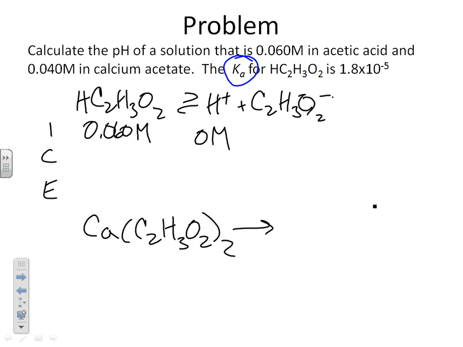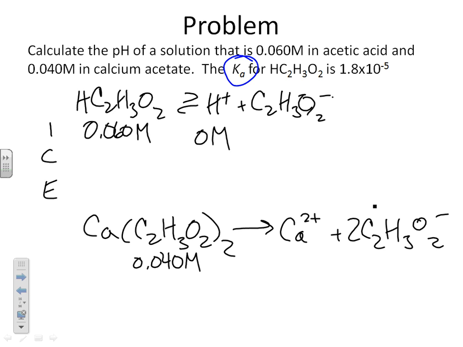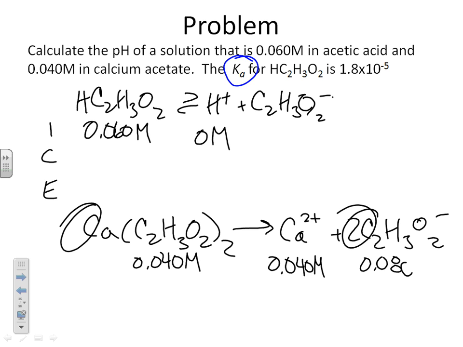It is completely soluble. Therefore, when it dissociates, if I have 0.04 molar calcium acetate, it will generate 0.04 molar calcium. Who cares about that? But because of the 1-to-2 relationship between the calcium acetate and the acetate ion, I am actually starting with 0.08 molar of the acetate.